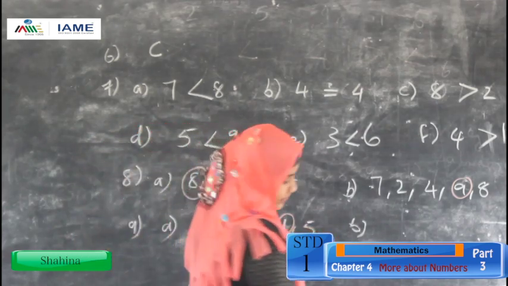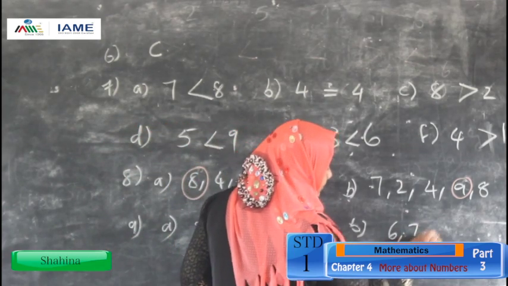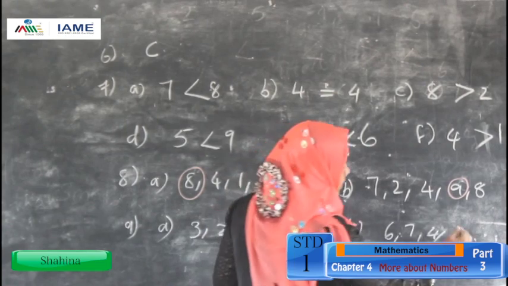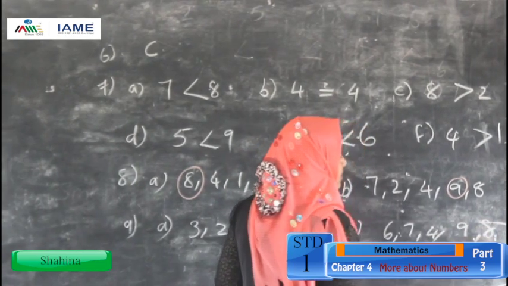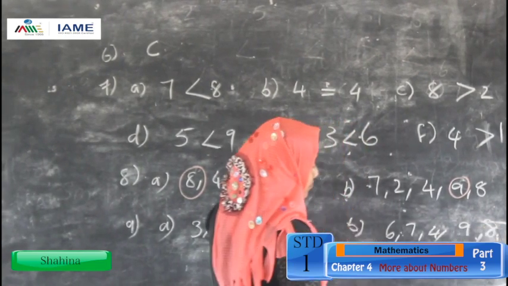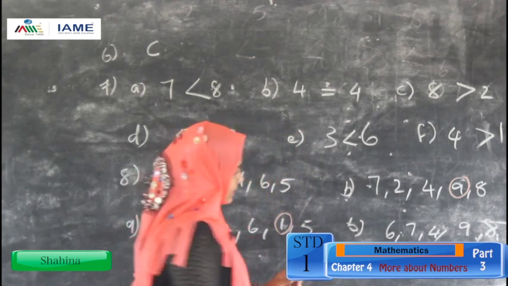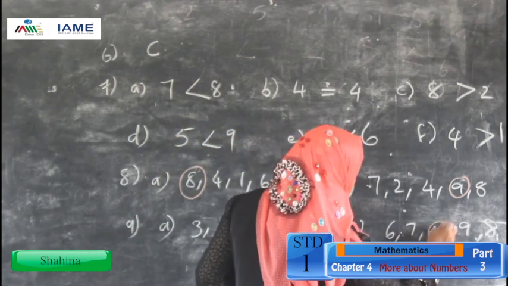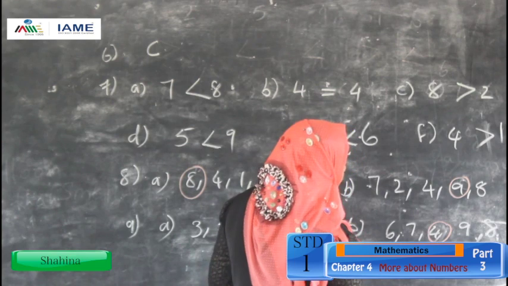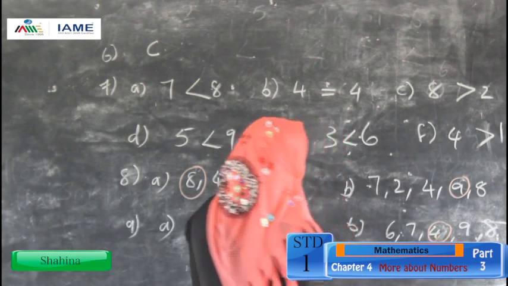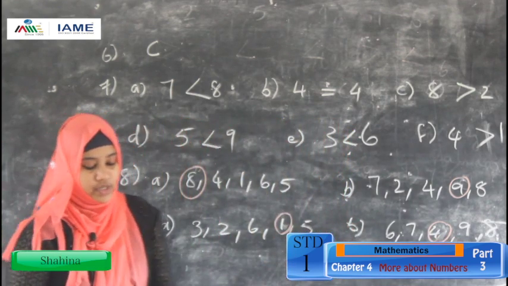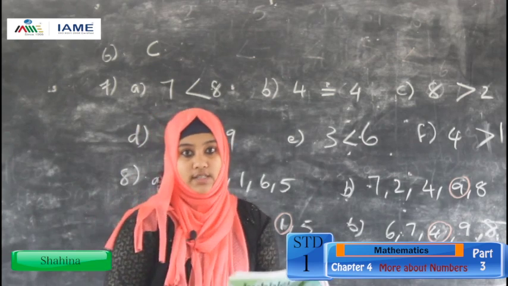And here 6, 7, 4, 9, 8. Which is the smallest number in this case? Yes, 4 is the smallest number. Then you have to encircle 4. I hope you all are clear on this.